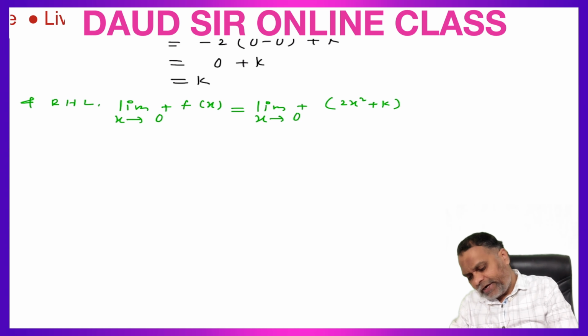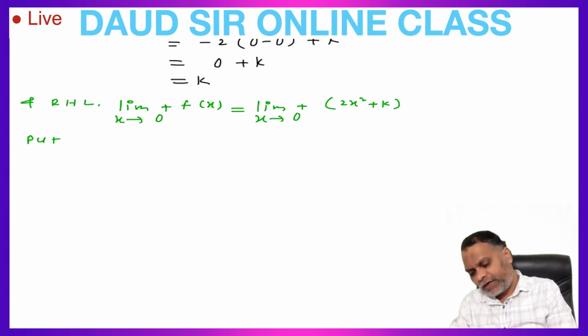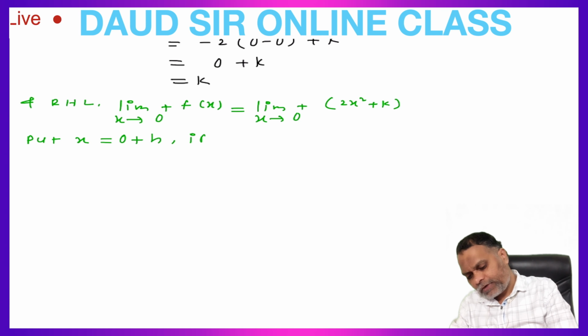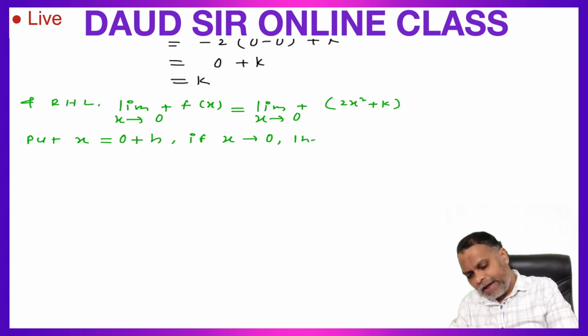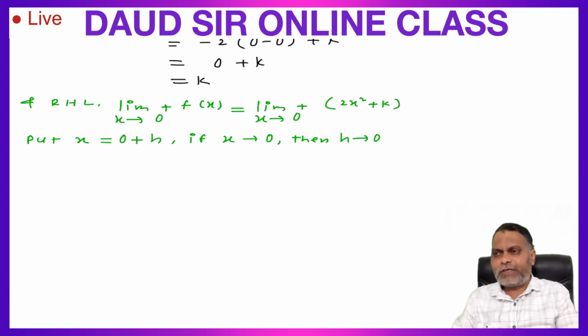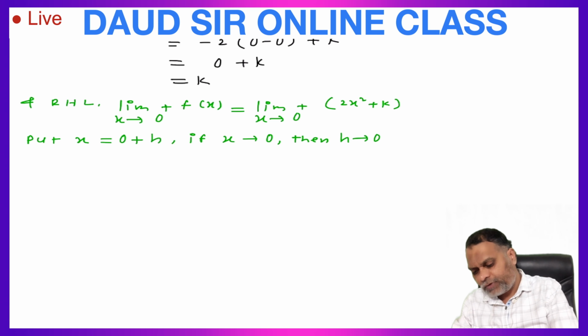For right hand limit we have to put x is equal to a plus h, so put x is equal to 0 plus h. Change tends to, if x tends to 0 then h tends to 0. How? Put this 0 plus h here, 0 plus h tends to 0, that is h tends to 0.